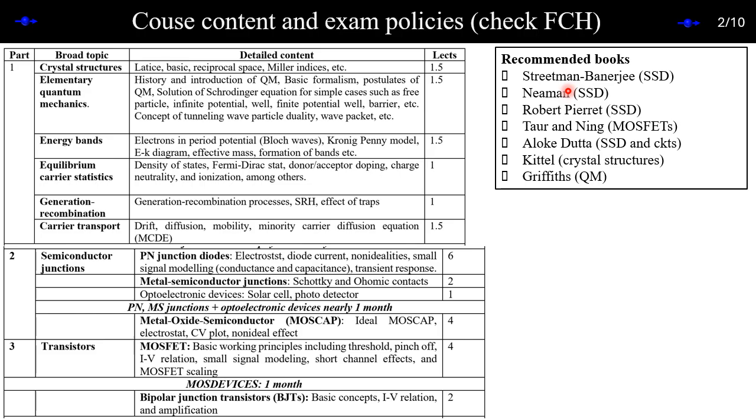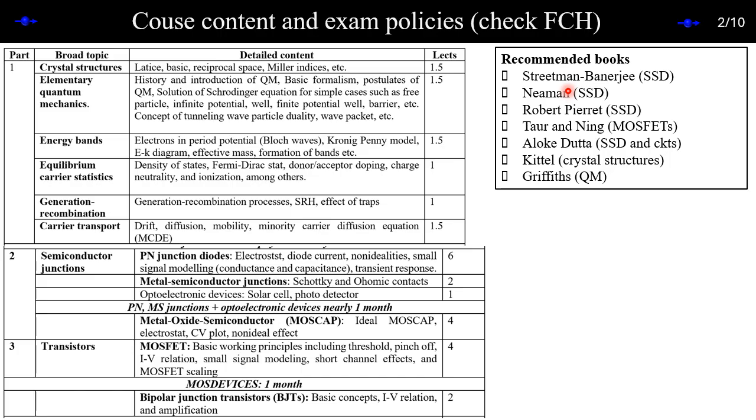Now, books. There are several standard textbooks, including Streetman and Banerjee, Neamen, and Pierret. These are very standard. Taur and Ning's book is quite good for MOSFETs; whenever we cover MOSFETs, we'll use it. Professor Alok Dutta has written a very nice comprehensive book, and you can also refer to that.